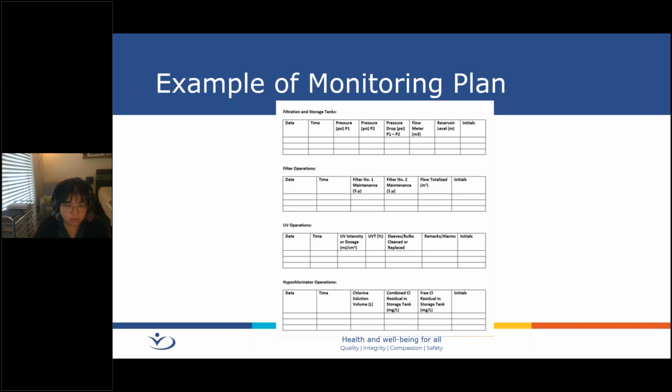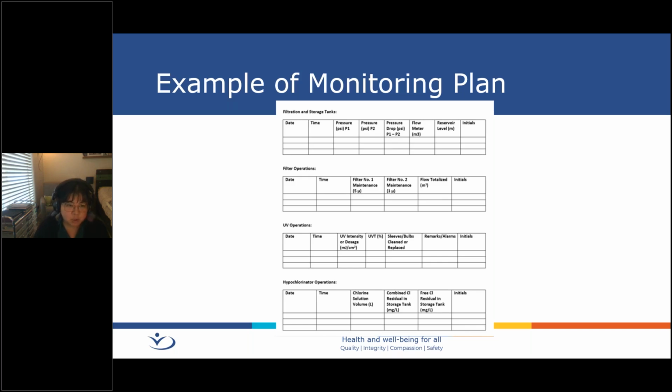Here, there's also space for a flow meter, reservoir level, and then it is always good practice to have initials, so who did the checks during that visit.